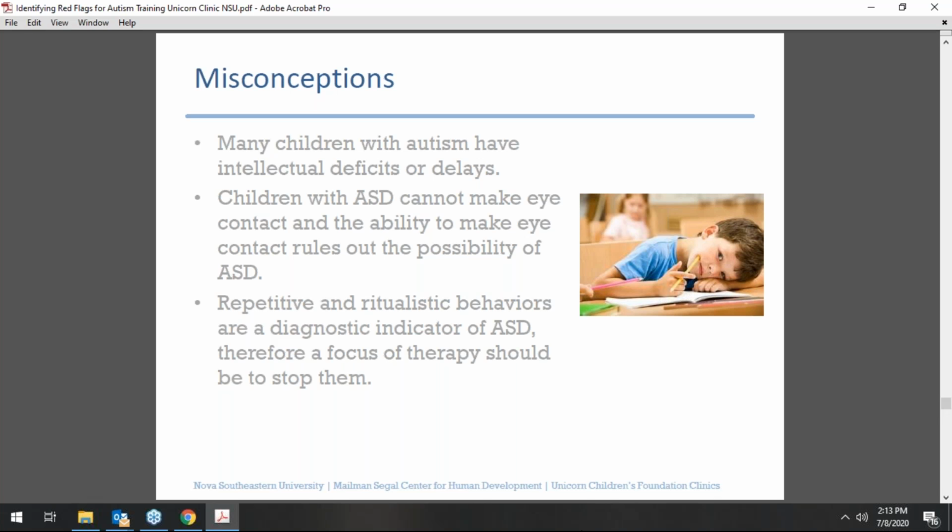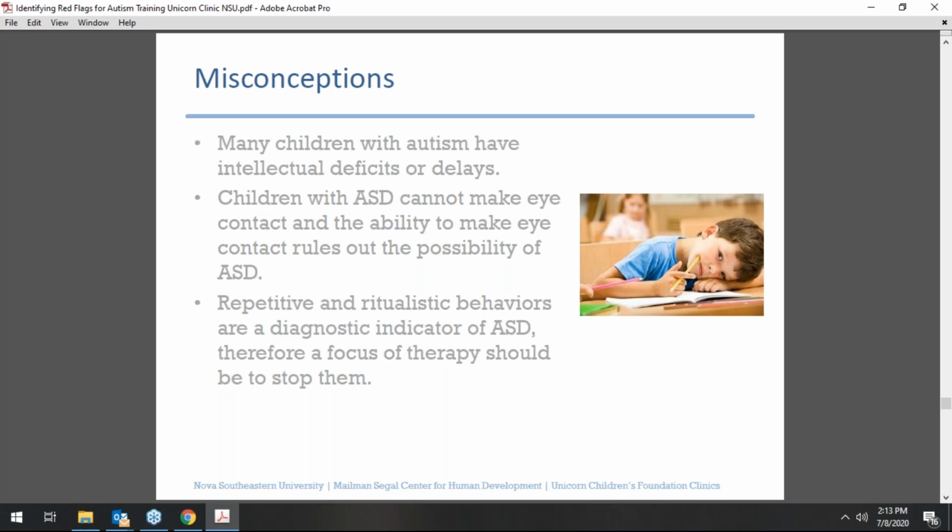Another misconception: children with ASD cannot make eye contact, and the ability to make eye contact rules out the possibility of ASD. From what I was talking about and what Dr. Char was talking about, we want to see whether the child is making eye contact with us, especially in that previous video of the mother addressing her child, but we also want to look at the quality of the eye contact.